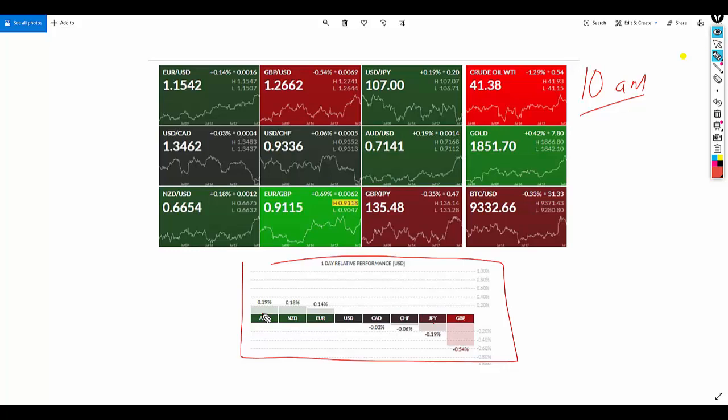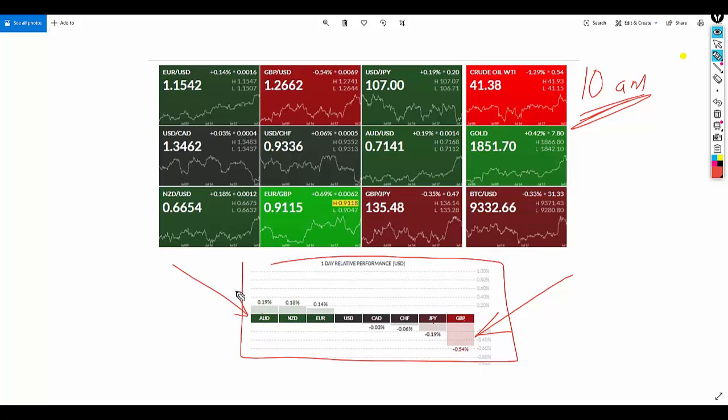Now, around 10 a.m. yesterday, I looked at this website and I saw that pounds is losing value. Another thing I do is look at which currencies are getting strength. So I realized that USD, Australian dollar, New Zealand dollar, and euro are the currencies that are making strength.